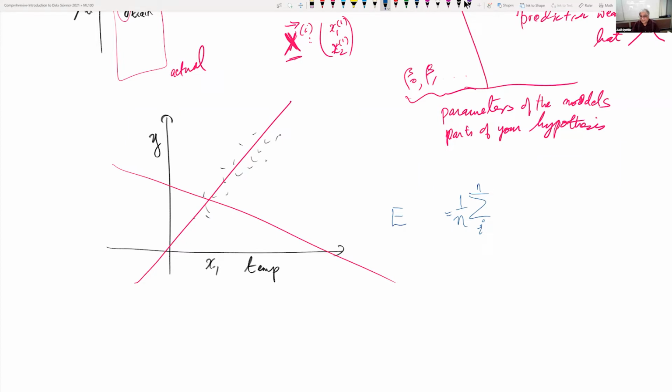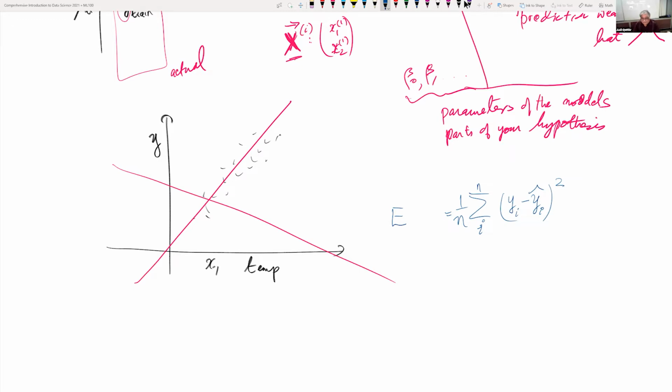Then for each point, this is y minus y hat. It's the gap between the reality and the prediction, and you can either take the absolute value or square it. I'll just square it because the sum squared error is the most common error method, right?